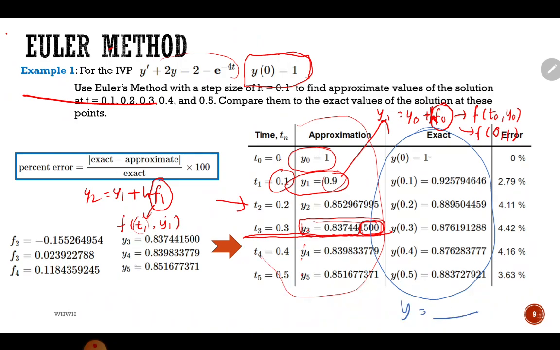Dari situ kita cari dia punya error, whereas the formula for the error is exact value minus the approximate value divided by the exact value darab dengan 100%. So this is the error that we get. Nampak dia punya error tu is not more than 5%.